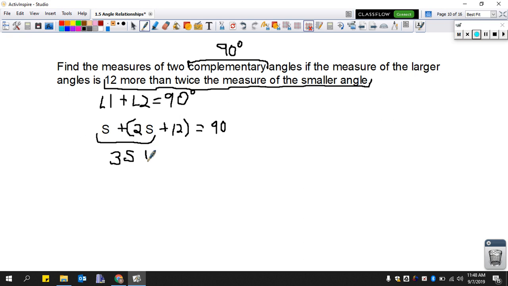3S plus 12 is equal to 90. All right. Solve it. Draw a line down through the equal sign. We're going to subtract 12 minus 12.